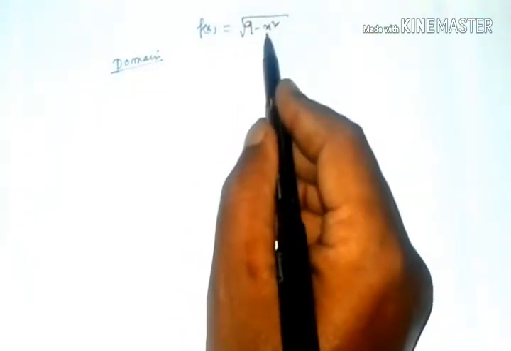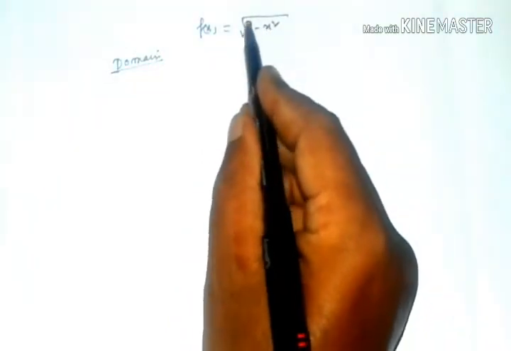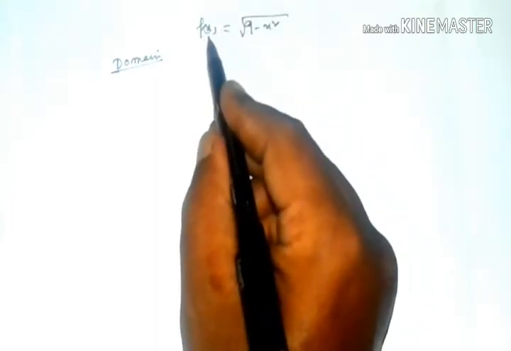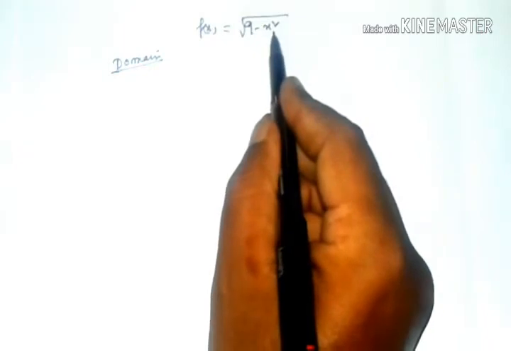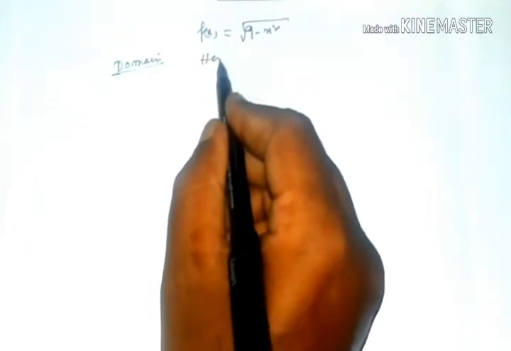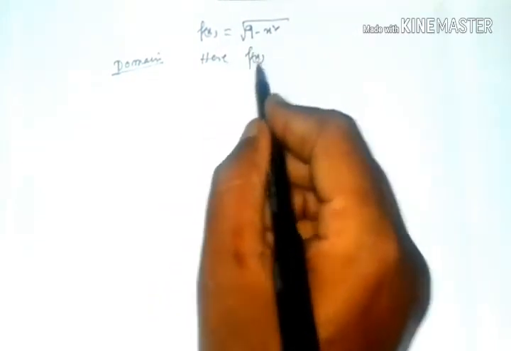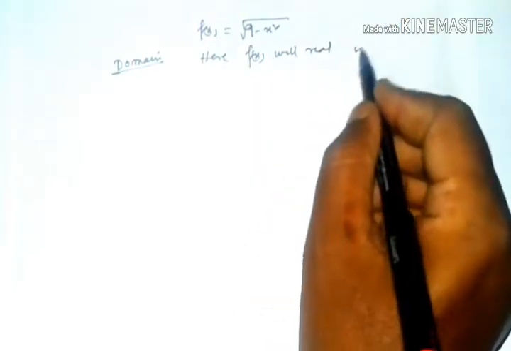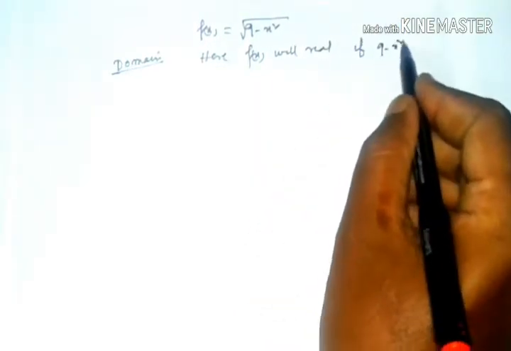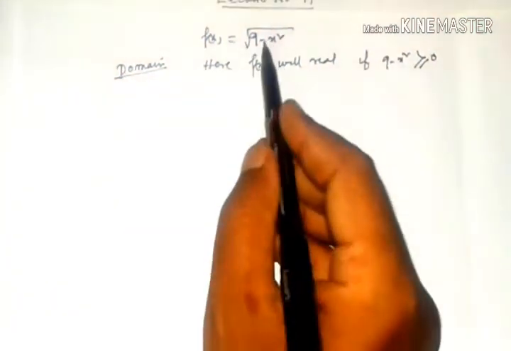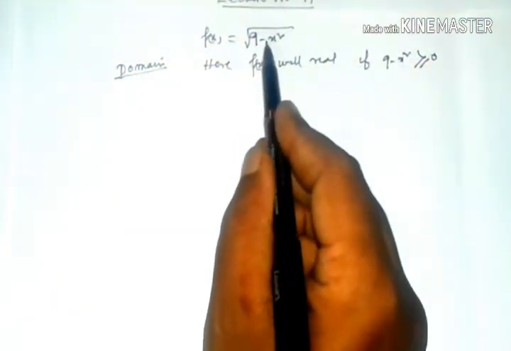Root over. We know that f(x) will be real if 9 minus x square is greater than or equal to 0, because we cannot take the root of a negative number.